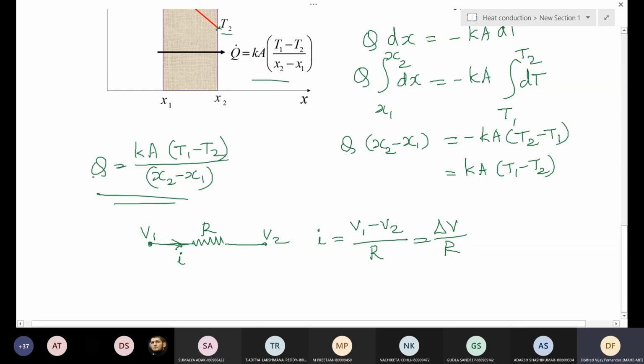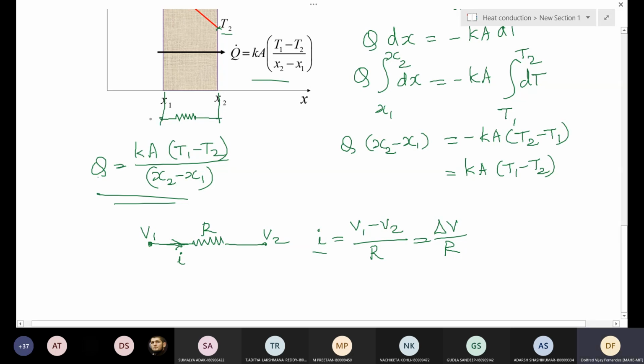We can equate Q to the current I, temperature difference to the voltage difference, and everything else should be absorbed into resistance.